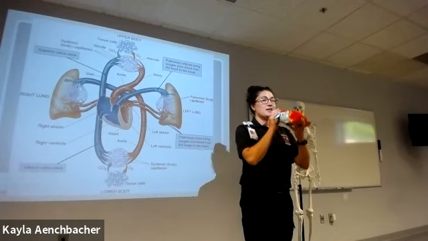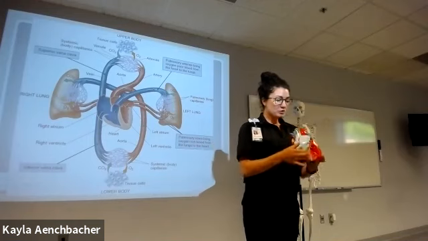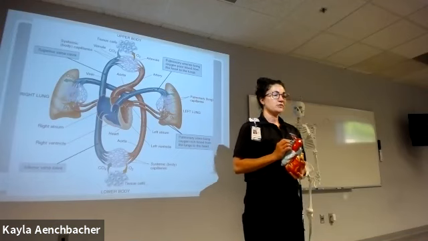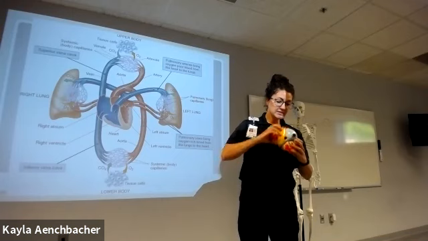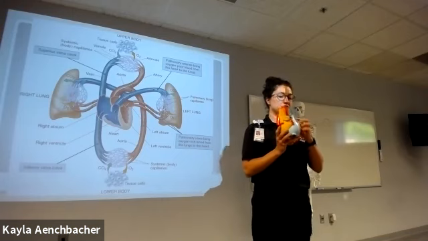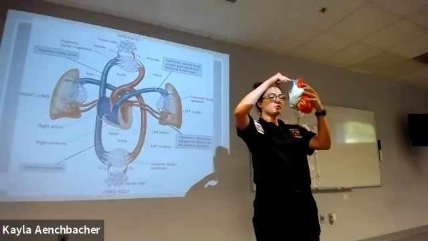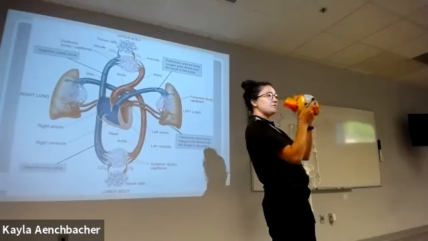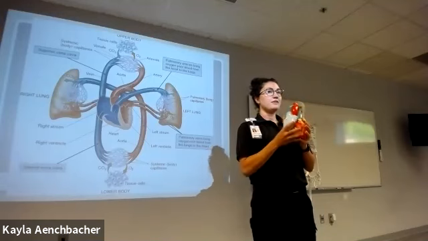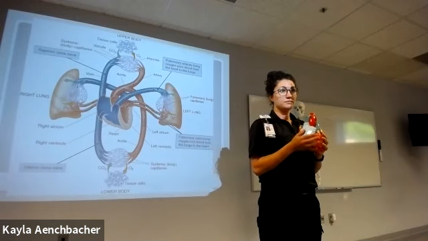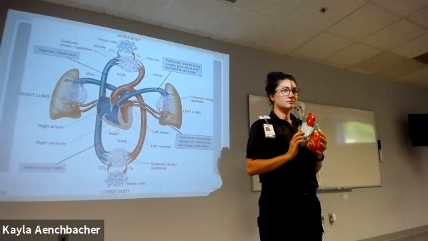So we are going to start. Again, anything that is blue is a vein, red is an artery. These big dumping chambers right here are going to be the superior and the inferior vena cava, which are not part of the actual heart organ.